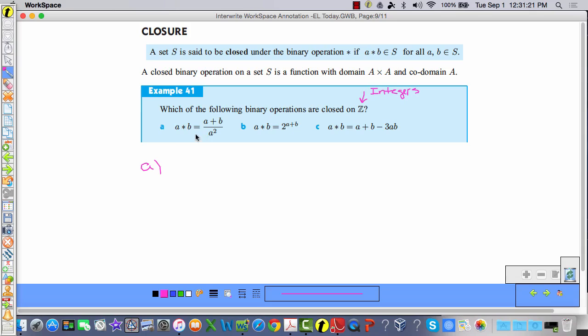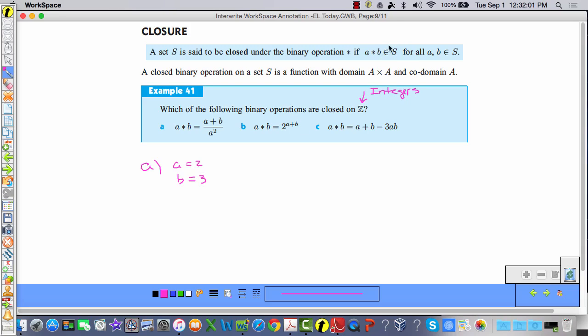And a lot of this, you just have to really think about it or come up with one counterexample, because remember, it must be true for all values of A and B. So that means that for all integers, we have to end up with an integer in order for the set to be closed. So what you try and do is come up with a counterexample where it's not an integer, or try and think of it. How about A equal to 2? Let's say A equals 2, B equals 3. They're both integers, so we have satisfied this part.